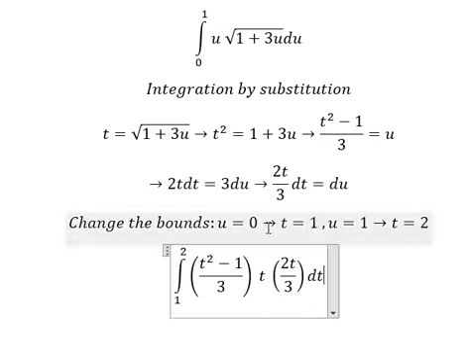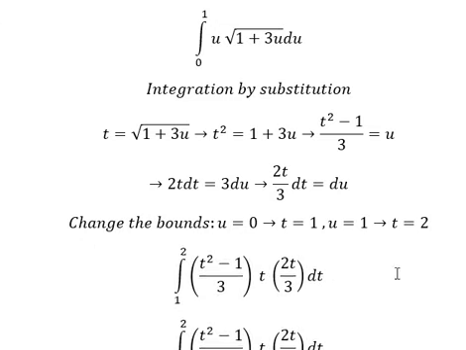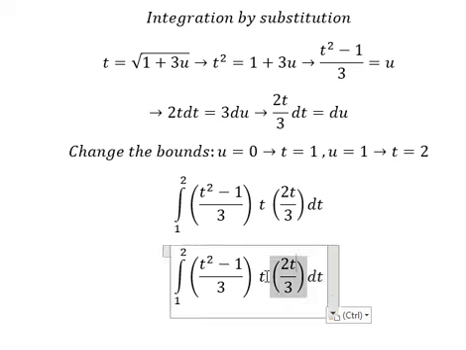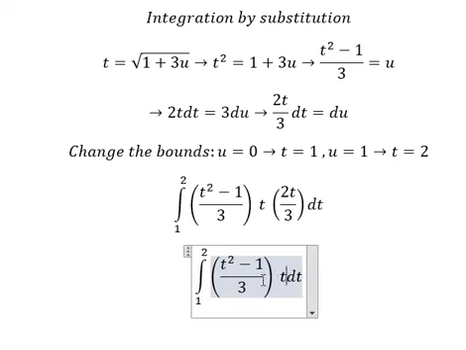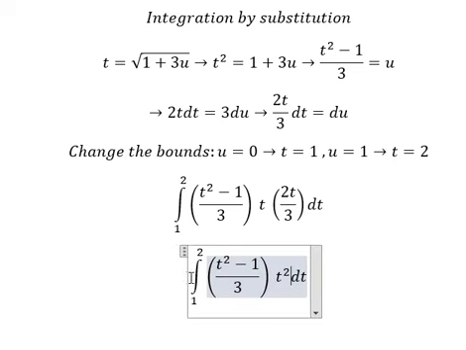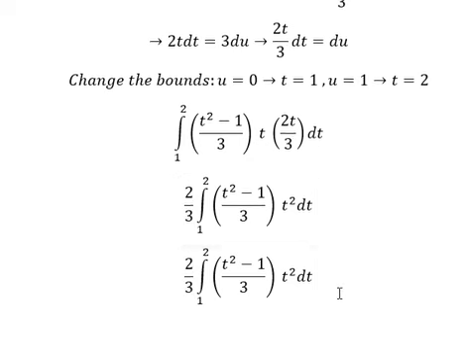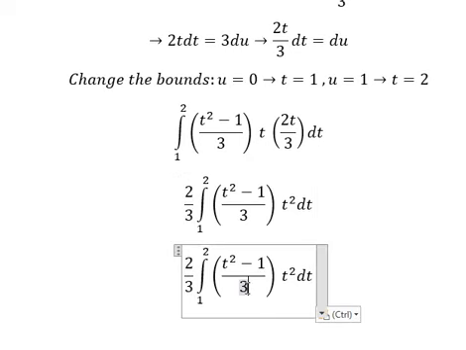So 2 over 3, I will put outside, t and t, we have t squared. So 3 and 3 is 9. So t squared multiplied by this one.